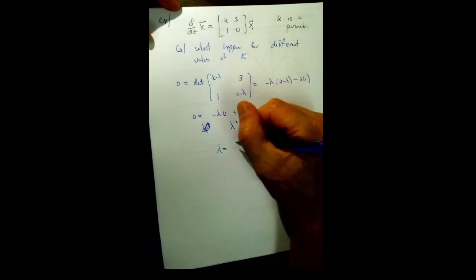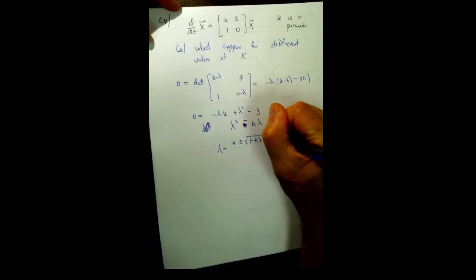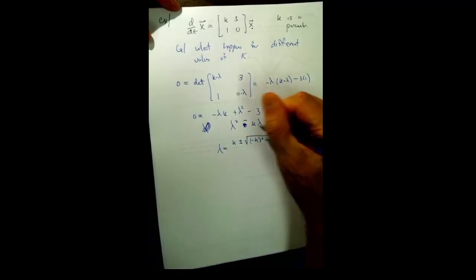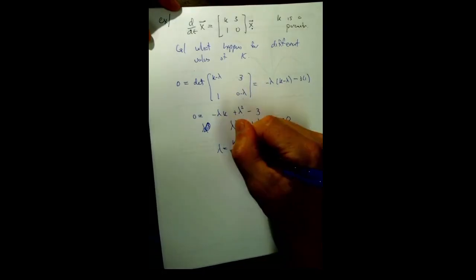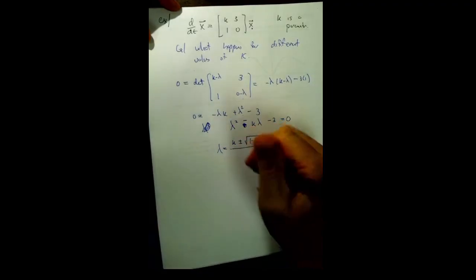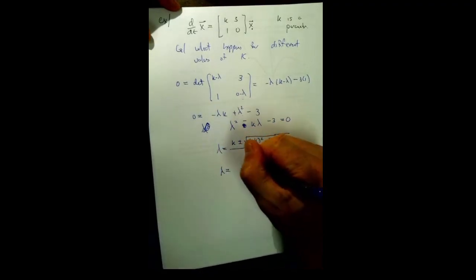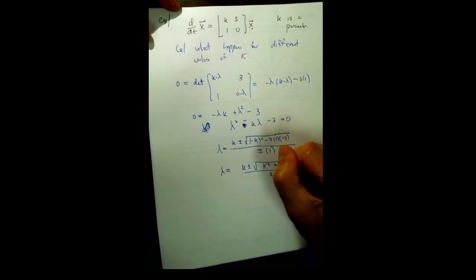So my b is minus k. Minus b, minus minus k, is k, plus or minus the square root of b squared, minus 4 times the coefficient of lambda squared, which is 1, times c, which is minus 3, all over 2 times 1. All right, so let's clean that up. That becomes k plus or minus the square root of k squared plus 12, all over 2.